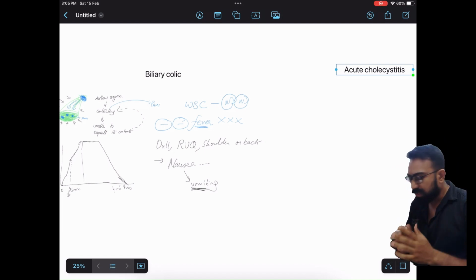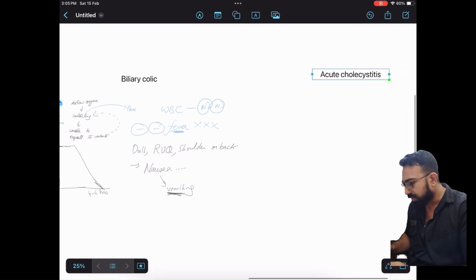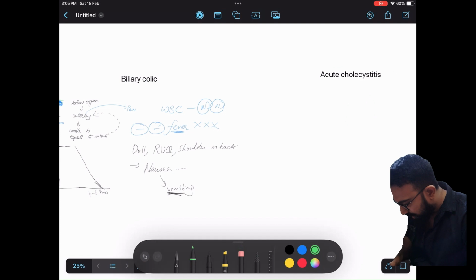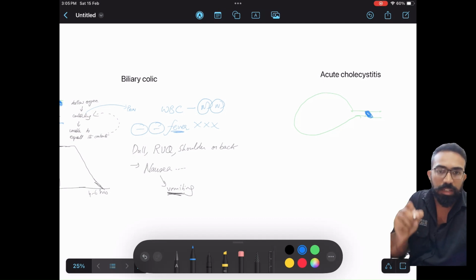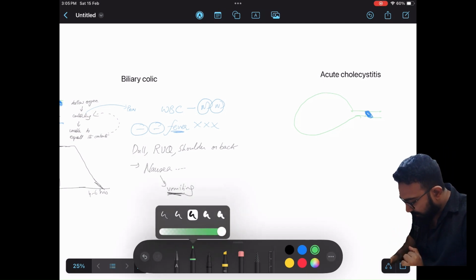Because of this chronic obstruction, repeated again and again on the cystic duct, this leads to inflammation.